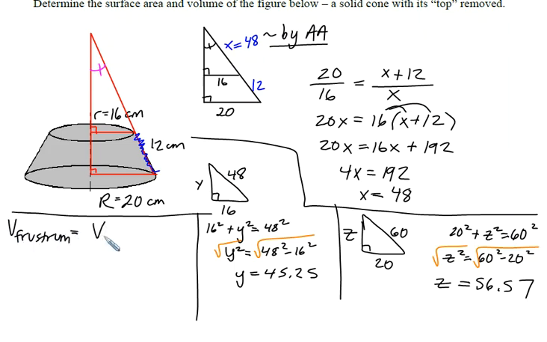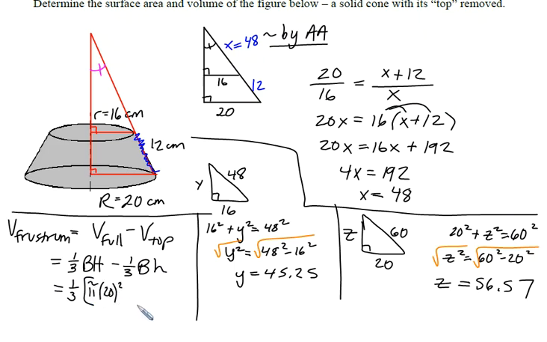If we want the volume of our frustum, that would be equal to the volume of the full cone minus the volume of the top cone, which is going to be 1/3 the area of the base times that full height minus 1/3 the area of the base times the smaller height. As we plug things in with the full cone, the base is pi times 20 squared. That 20 comes from the radius of the large base. And the height of our full cone we just solved for was 56.57.